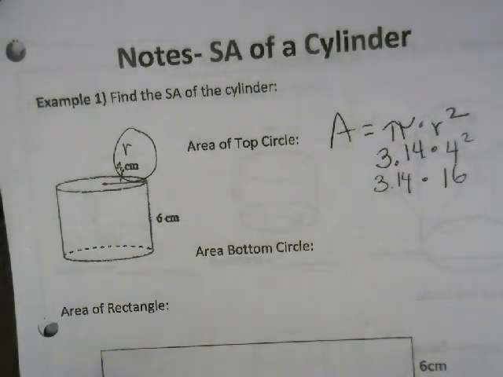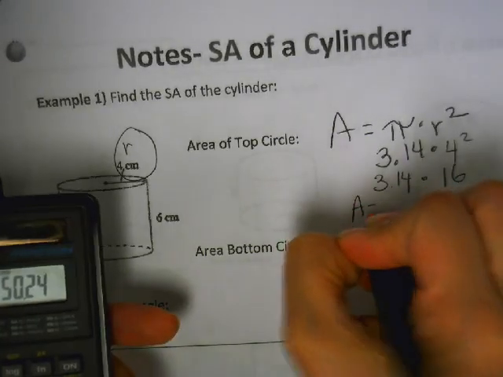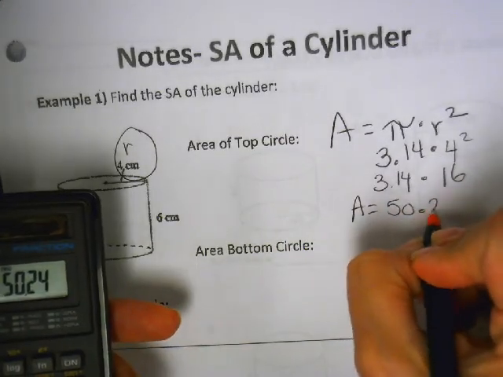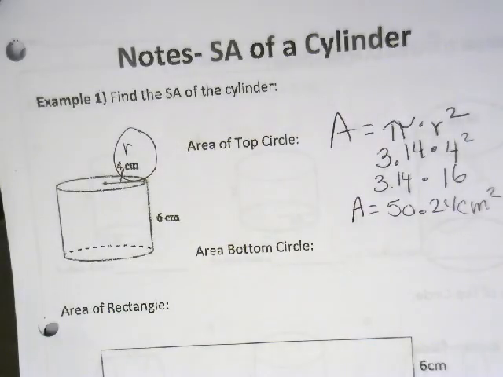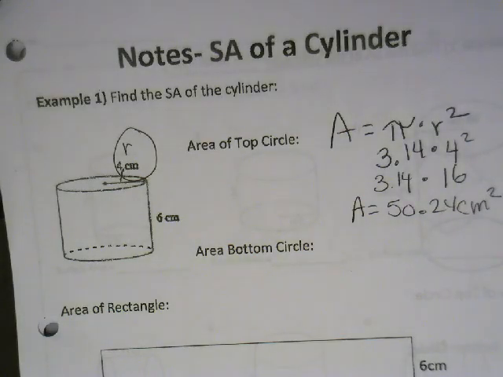Okay, what does it equal? So when I type this into the calculator, I get 50.24. That's the area of the bottom circle. This part.